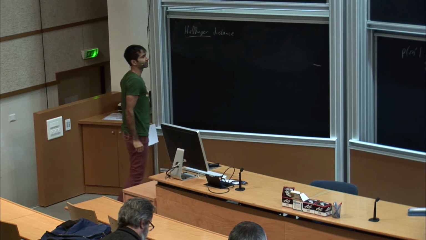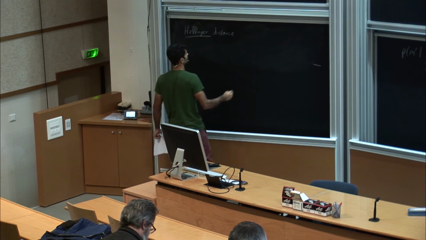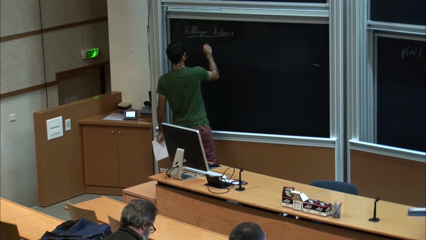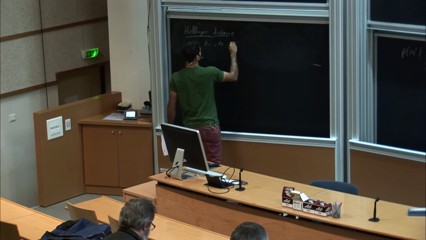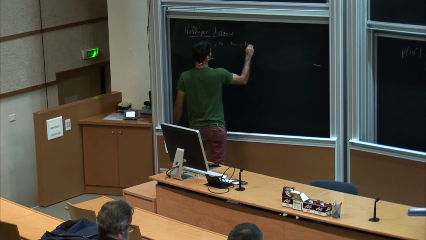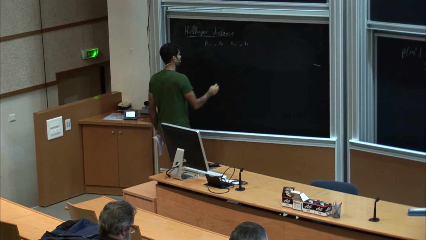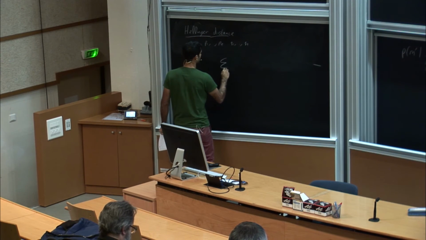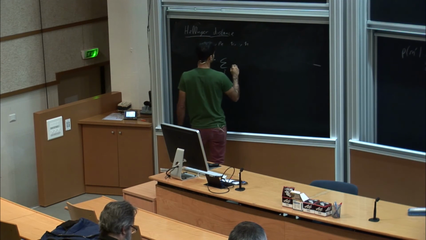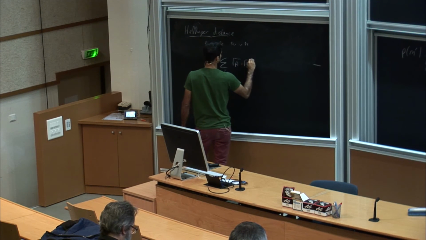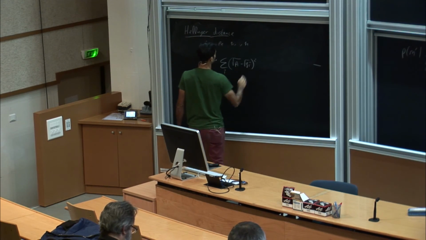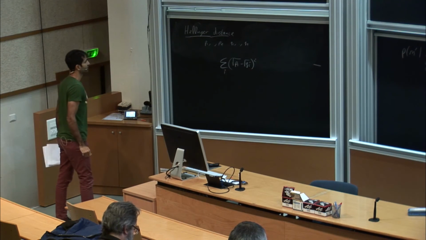Suppose you have distributions P1 through Pt, Q1 through Qt, then you can look at this quantity, which is the sum over i of the square root of Pi minus the square root of Qi, squared.